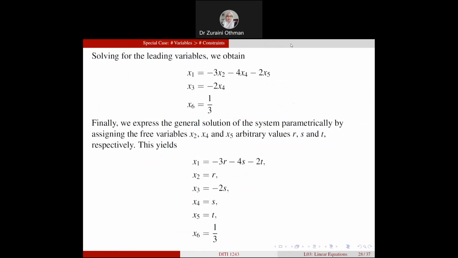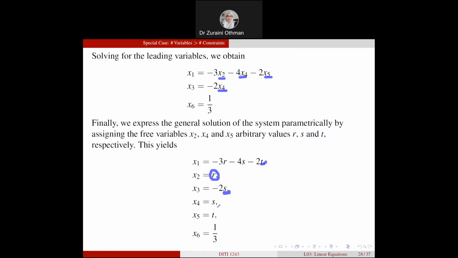Then what are the values for x2, x4 and x5? We may put them as alphabets, which are unknown. So x2 is R, x4 is S, and x5 is T. Because x3 is related to x4, that's why x3 is negative 2S.